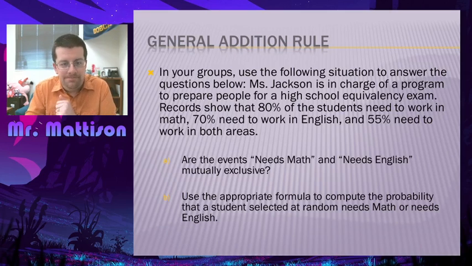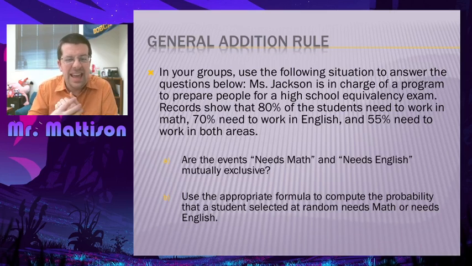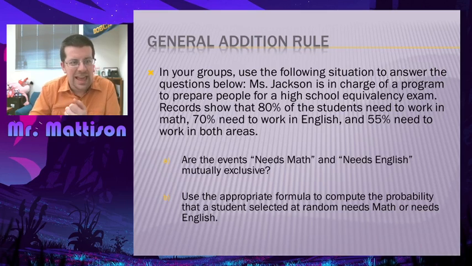Ms. Jackson is in charge of a program that helps people prepare for a high school equivalency exam. She shows that 80% of students need to work in math, 70% need to work in English, and 55% need to work in both areas. So are needing help in math and needing help in English mutually exclusive?